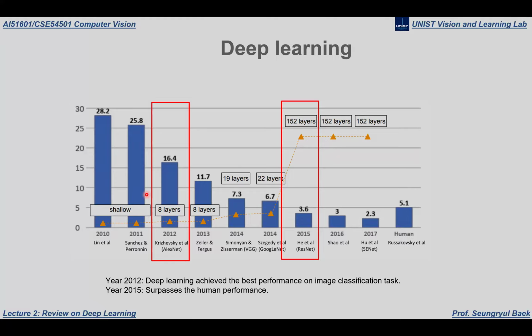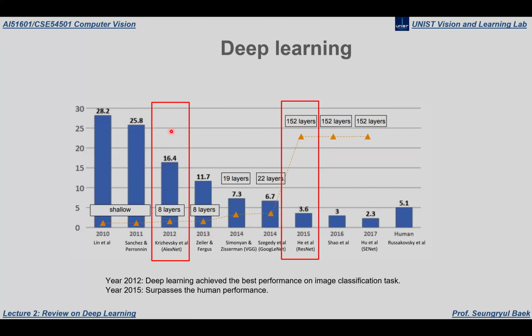But in 2012, AlexNet, the first successful CNN architecture, was proposed at the NeurIPS conference. That architecture has 8 layers. Because such architectures have more than one layer, we call them deep learning algorithms.